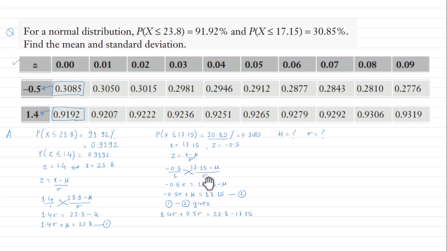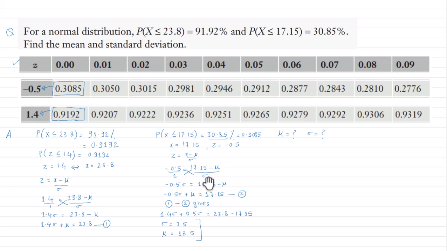So you can use the calculator and find out the value of sigma. I am getting a value of sigma equal to 3.5. Once you get sigma equal to 3.5, put it back in 1 or 2, and you will get the mean. What I got is mean equals 18.5. So this is my final answer.